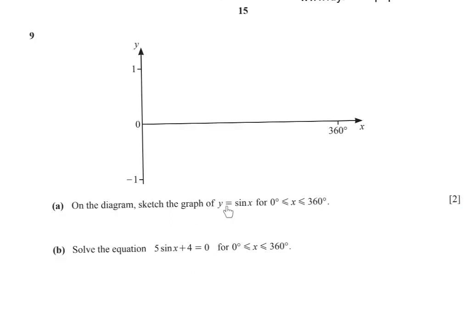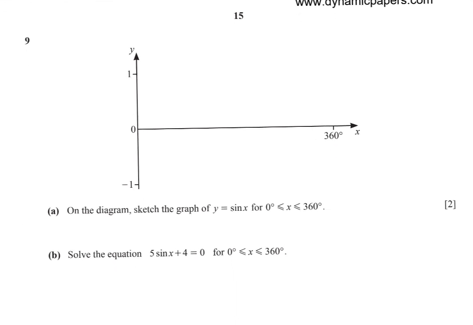9a, sketch the graph of y equals sine x. This is the graph of y equals sine x. Maximum 1, minimum negative 1. So we can plot the points first. We can divide 360 into 4 equal parts. So this 90, 180, 270, then 360.